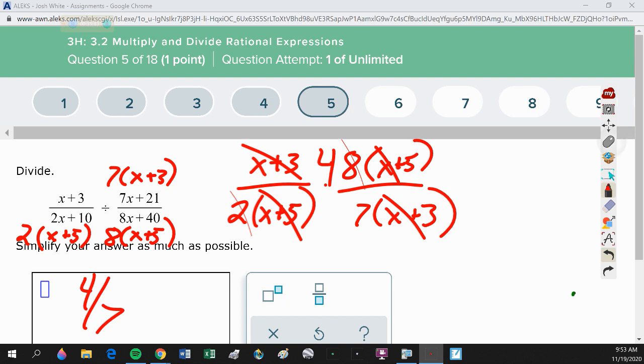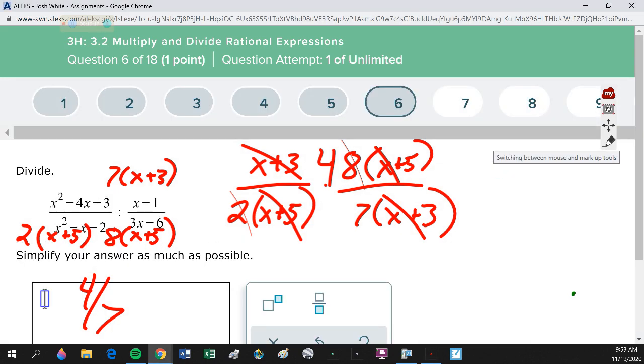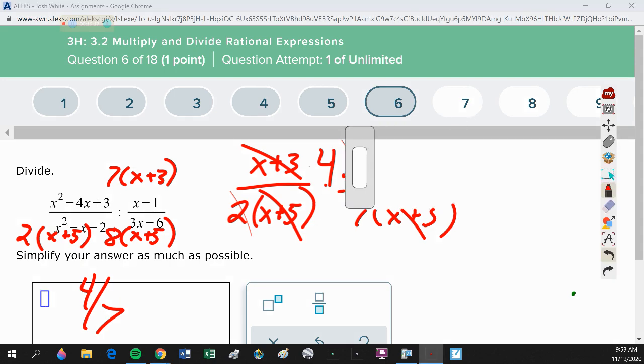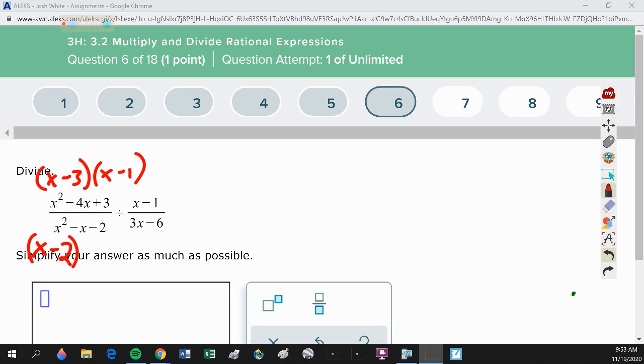That might be everything. Let me look. Oh, nope, we better do this one. Okay, I need to factor everything. X minus 3, x minus 1, x minus 2, x plus 1, and this one I can take out a 3.